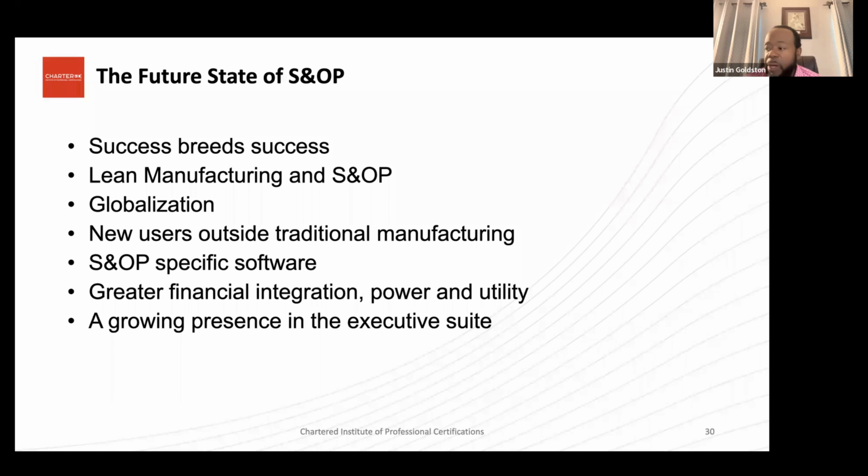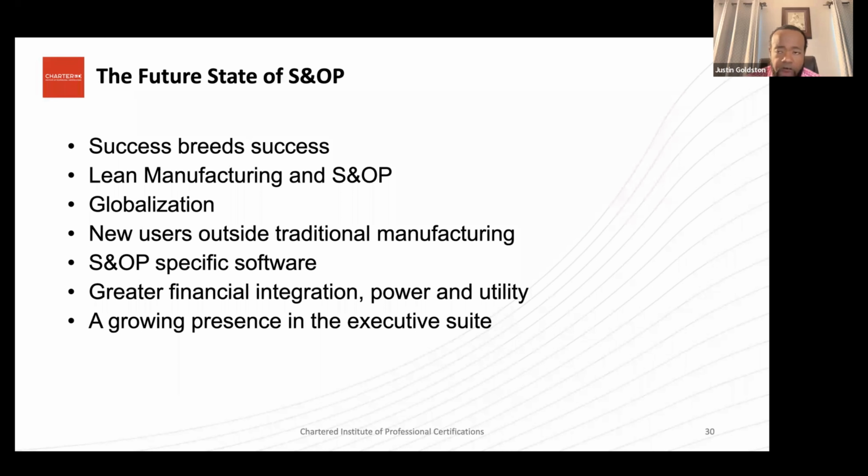So S&OP was first adopted within manufacturing, but you're also seeing it introduced into other areas such as healthcare. Again, the pandemic showed that there are some holes in operational processes, and some industries such as healthcare are looking to introduce sales and operations planning within their processes.